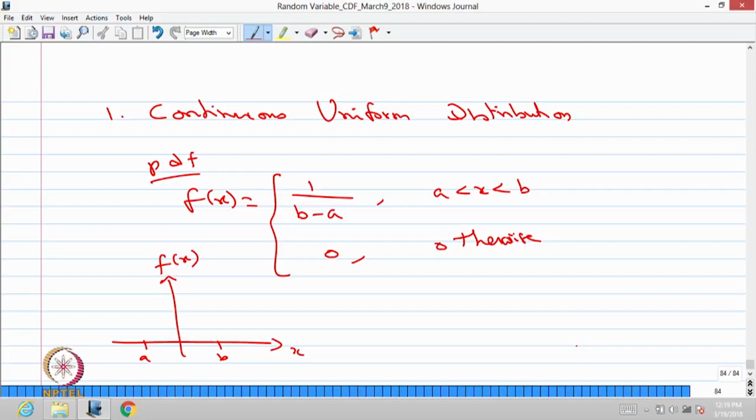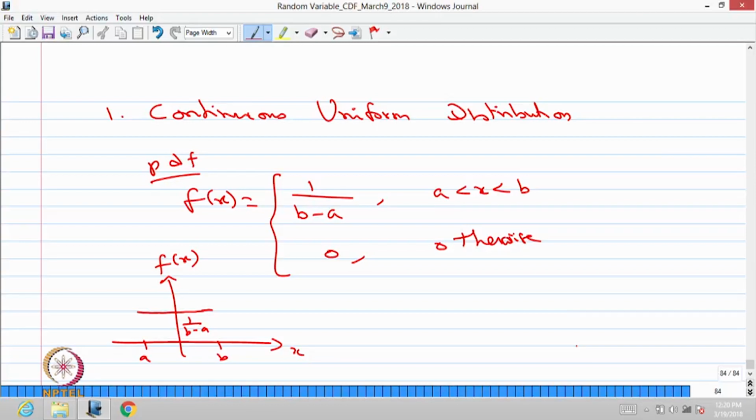So, you draw this height as 1 divided by b minus a. Otherwise, from minus infinity to a, the probability density function value is 0. Similarly, from b to infinity, the value is 0. Only between the interval a to b, the value is 1 divided by b minus a.